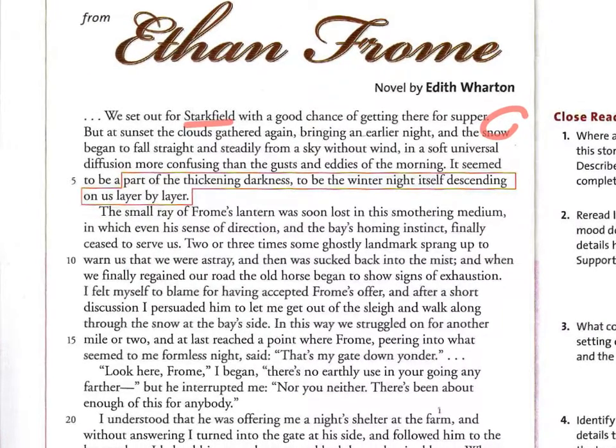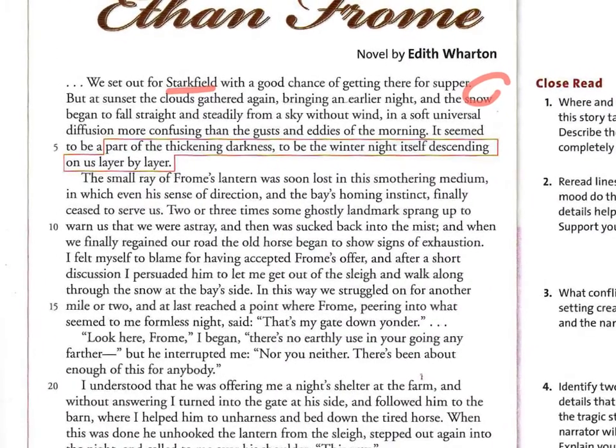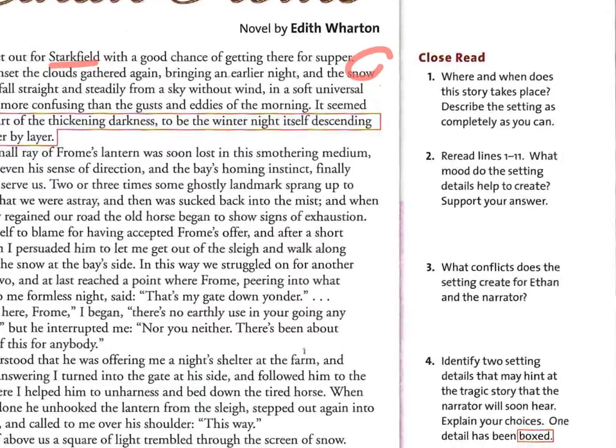So, this excerpt from Ethan Frome takes place in a cold winter night in Starkfield. Or close to Starkfield. On the way to Starkfield. It says we're setting out for it. Now, please look at this line here, line 5.